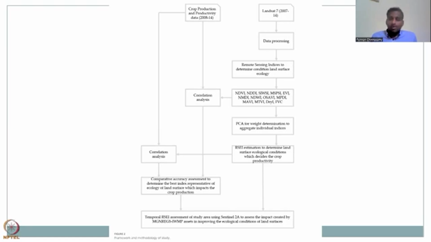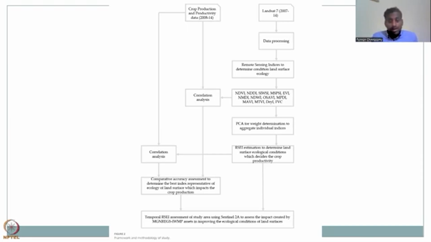So it's kind of working backwards, and you will see we have multiple themes for this in terms of finding which route is better to attain crop production. So we assume that MGNREGA work will definitely impact the crop production, and on that hypothesis, this methodology has been done.